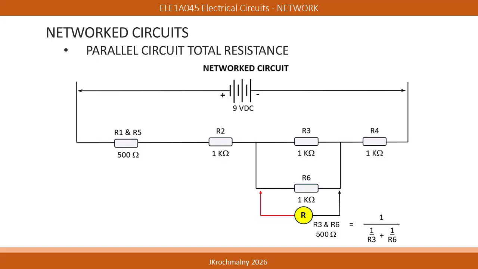Like the previous steps with R1 and R5, we find the total resistance of this parallel circuit by the formula shown. 1 divided by (1 divided by R3 plus 1 divided by R6) will calculate to be 500 ohms of total resistance of this parallel circuit.